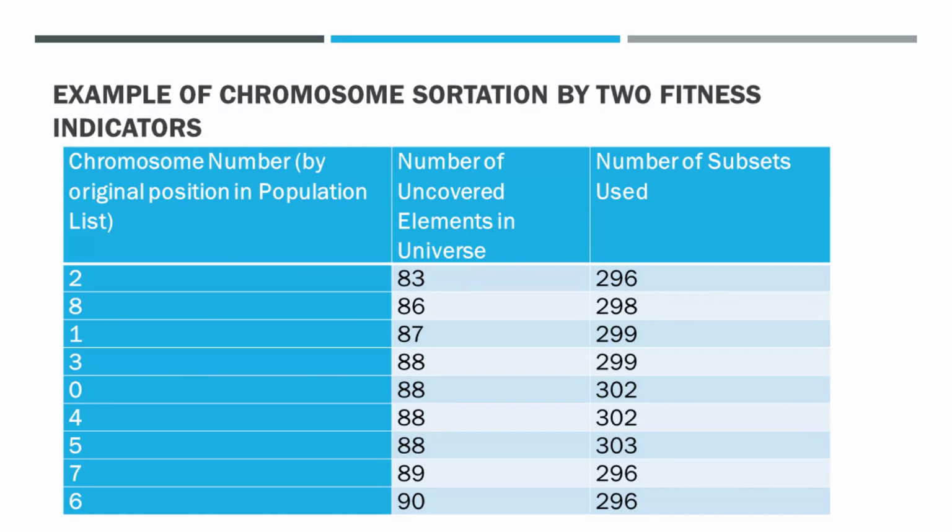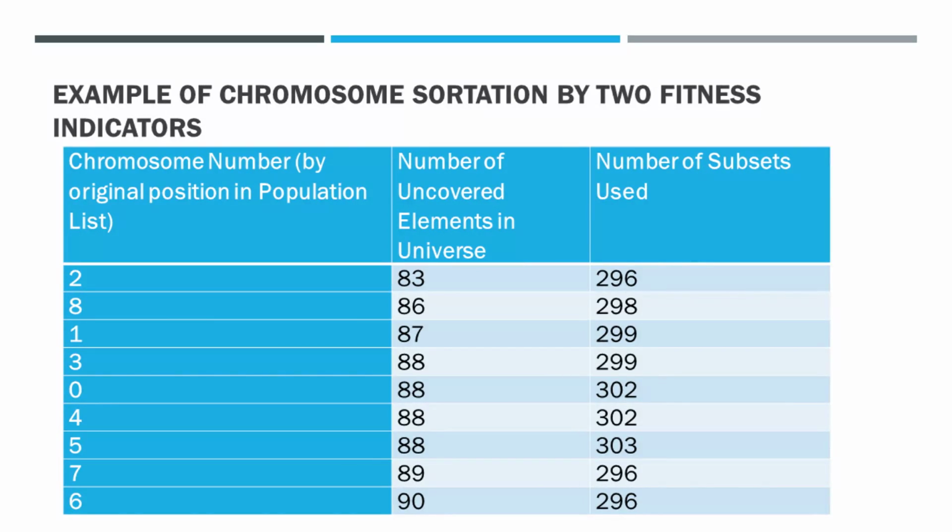So here you can see that for 83 we have 296 subsets used, and then for 86 we have 298 subsets used. When we get down to the 80s, you can really see how the secondary sorting starts to take effect. And for 88 we have 299 subsets used, the first 88 I should say, and then it goes up to 302 for two different chromosomes, and then all the way up to 303.